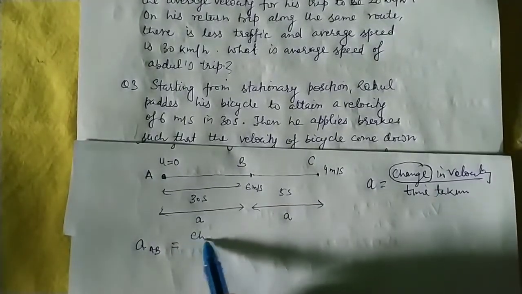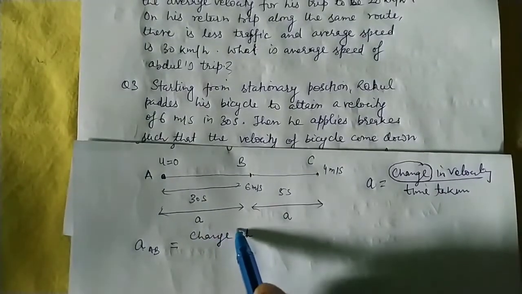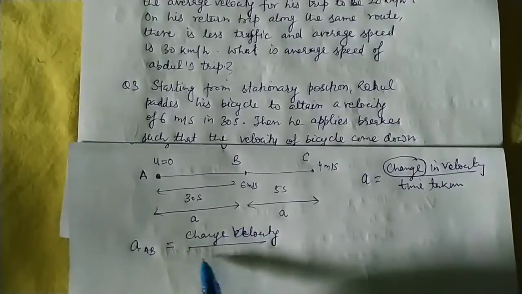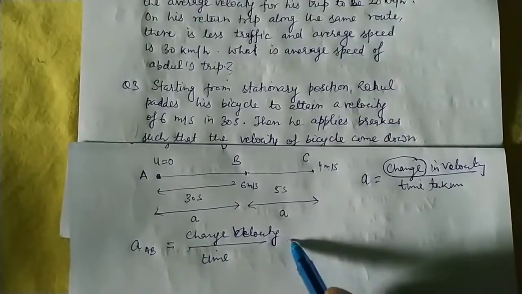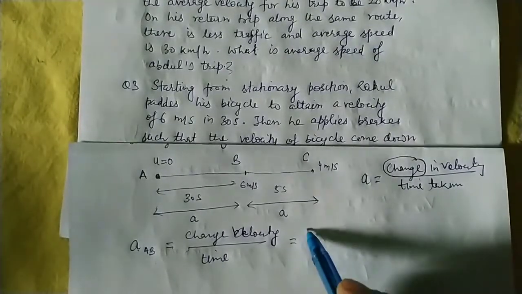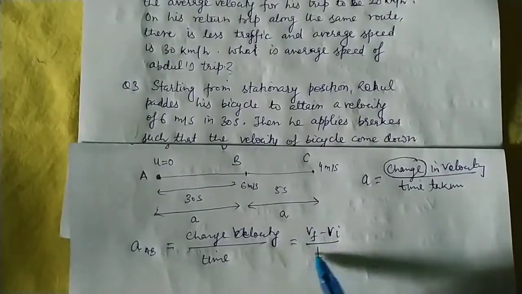So what is the change? First I will write here change in velocity divided by time. Whenever we calculate the change, it is always final velocity minus initial velocity, divided by time taken.